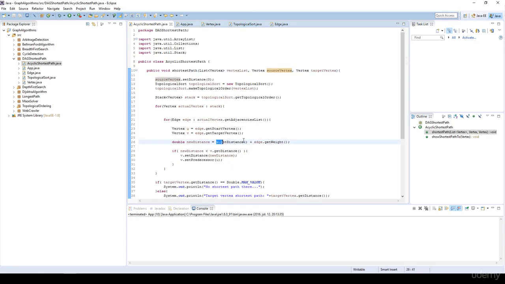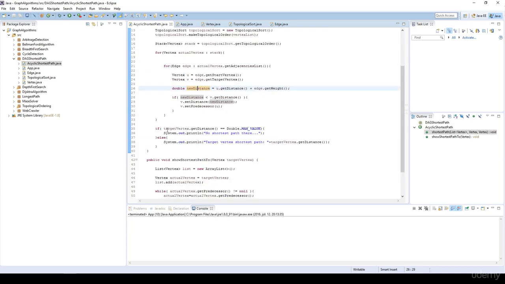It's going to be returned by this, plus, because we consider all the neighbors of the start vertex, we have to add the edge.getWeight to be consistent. And if this new distance is smaller than v.getDistance, which means that there's a better solution, there's a shorter path, we have to update the distance to the new distance, and we have to set the predecessor to be u.